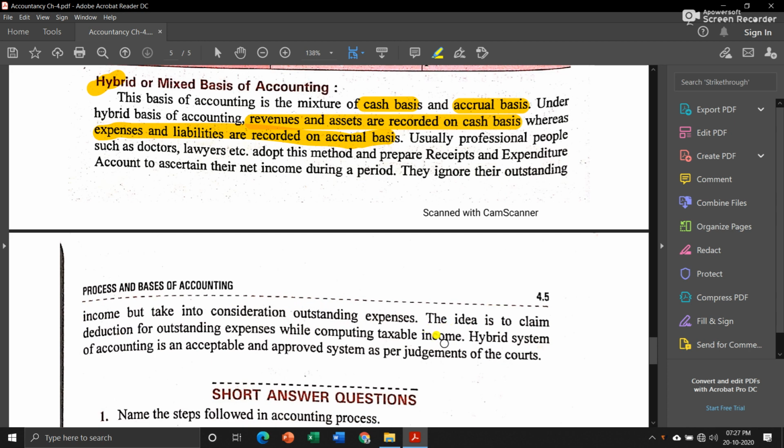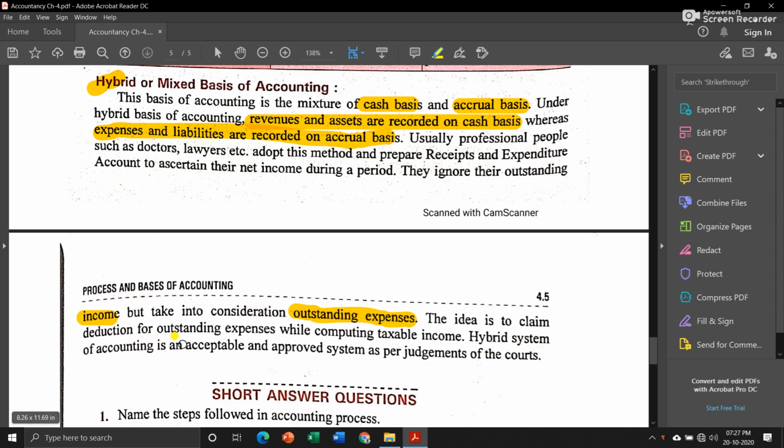Means when professionals calculate their net profit or loss for the whole year, they want to show less income and more expenditure. That is why they ignore outstanding income, but they take into consideration outstanding expenses, because when they show more expenses, their income will be less and less amount of tax they have to pay.